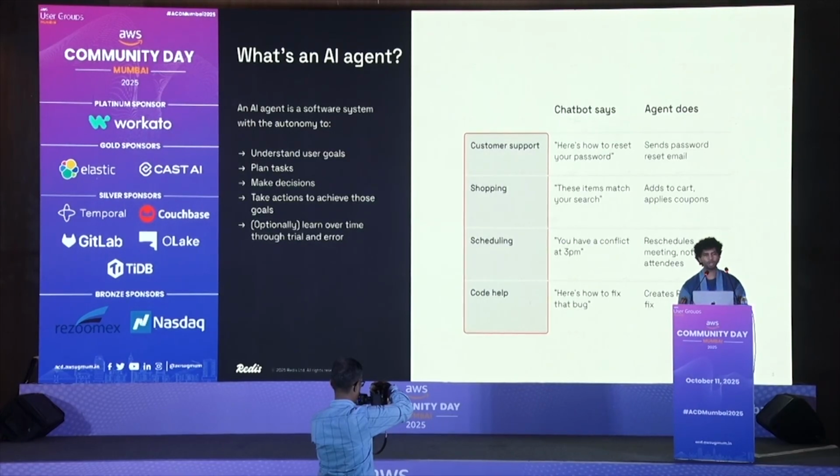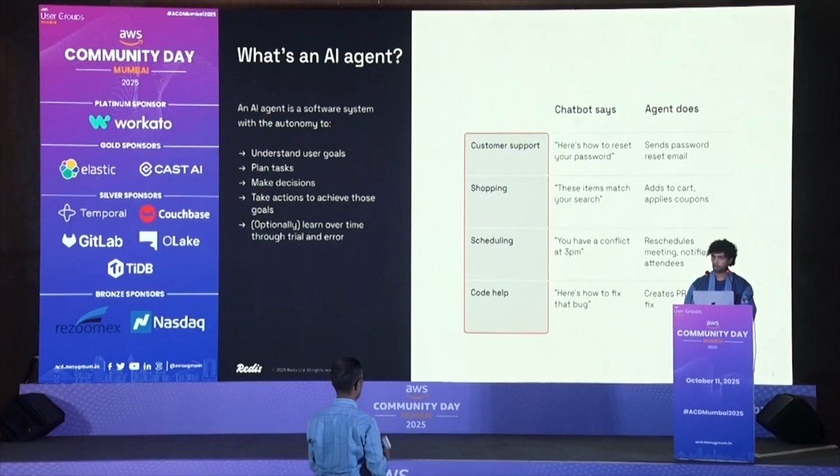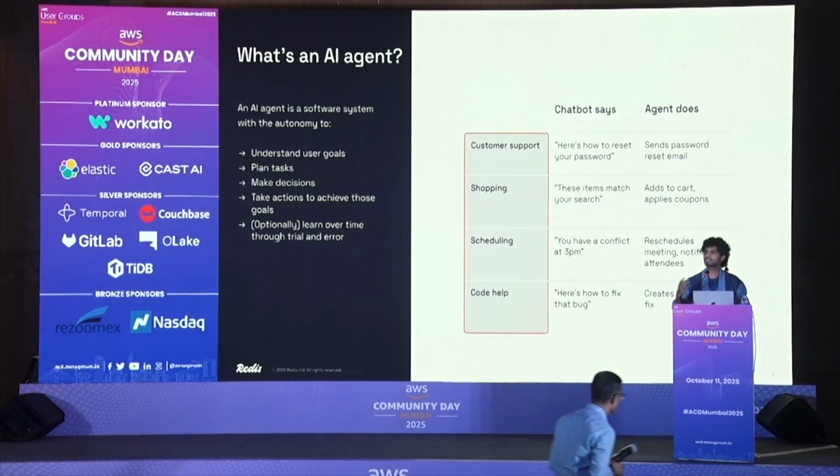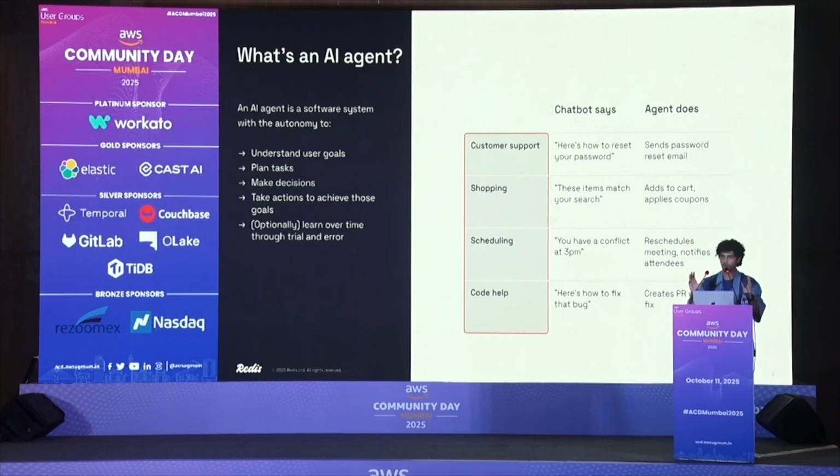So when we talk about AI agents, what do we actually mean? I know a lot of you have come across this term over and over again, but depending on who you ask, every one of us holds a different mental model of what an AI agent is, right? So here's how I like to think about it.